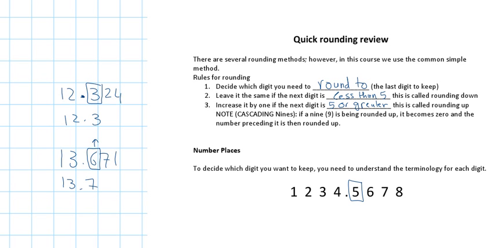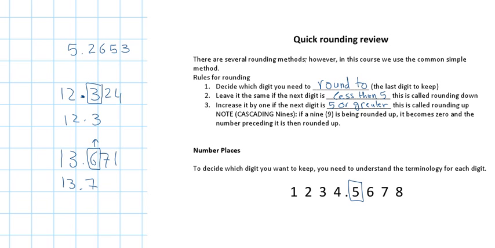Okay? Let's look at another example. Let's say I have 5.2653. And I want you to round to the nearest 2 decimals. So I want 2 decimals in my answer. What number am I looking at?